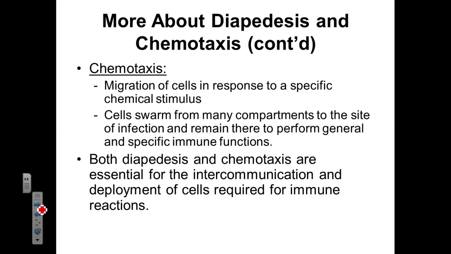That chemical that powers chemotaxis, generally speaking, is referred to as a cytokine. Recall, one of the functions of cytokines is to attract our phagocytotically active cells. So diapedesis and chemotaxis work hand in hand with each other, work in conjunction with each other to get a white blood cell out of the bloodstream and to the site of infection.